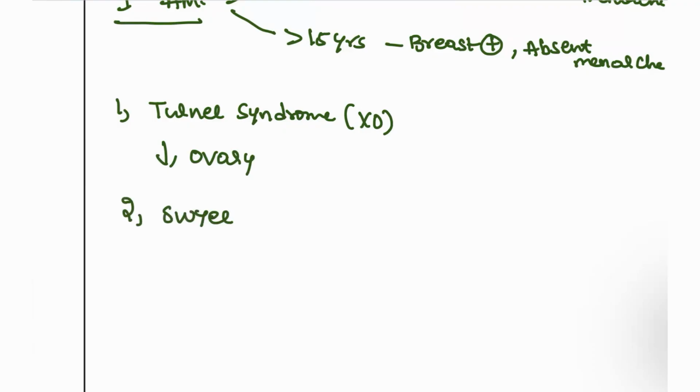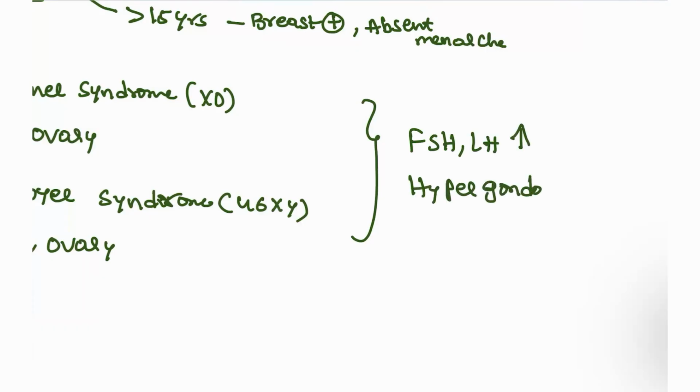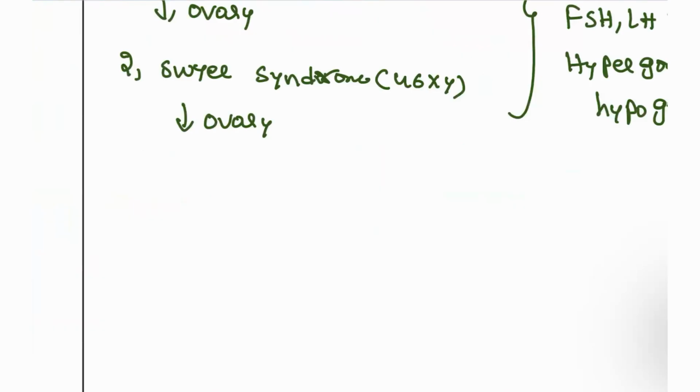In Swyer syndrome also it is due to gonadal dysgenesis, but its karyotype is 46XY. So the ovaries are also decreased. But in these patients, what happens? The FSH and the LH are going to be raised. So this is known as hypergonadotropic hypogonadism, right? Next, you also have the other condition, that is Kallmann syndrome.